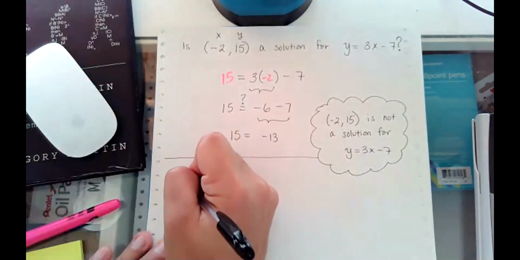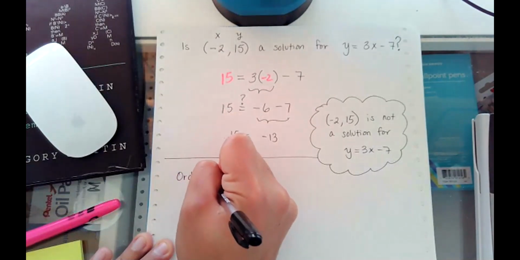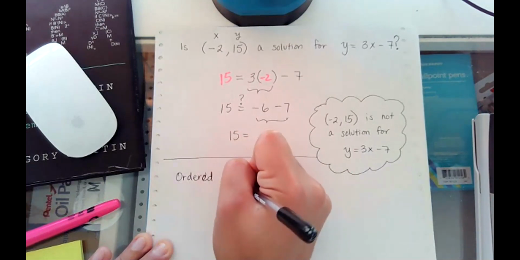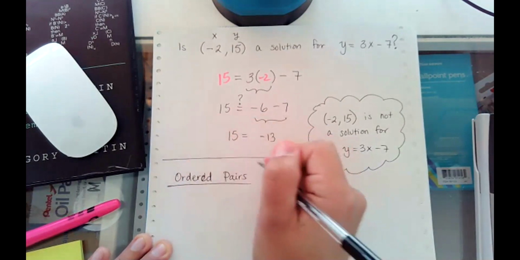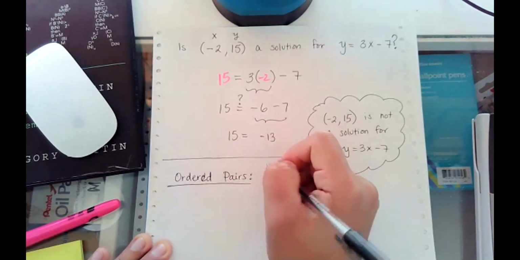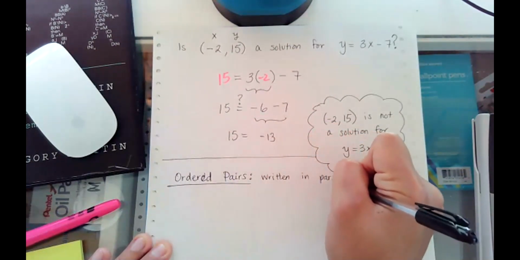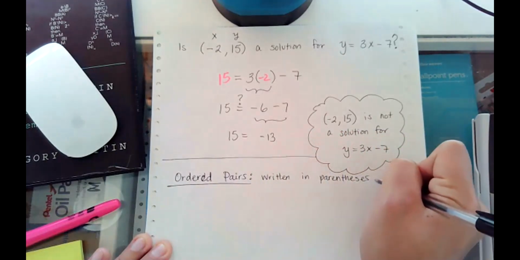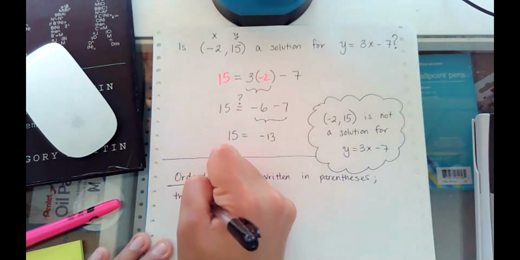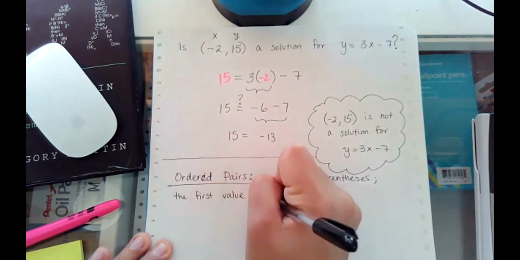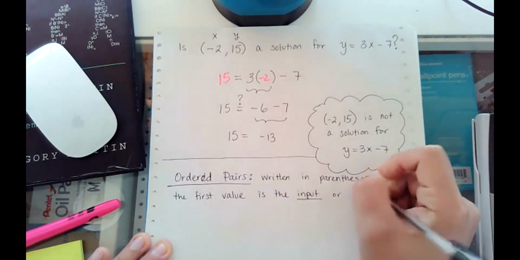Related quantities are given by this term that we call ordered pairs. Sorry about my spelling. These are written in parentheses. The first value is the input or x value.